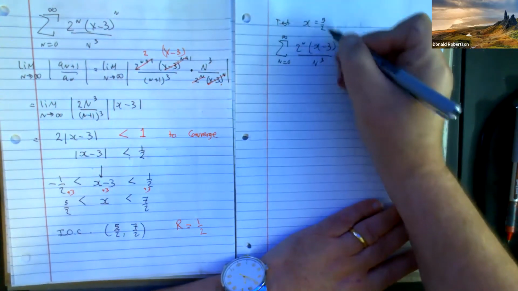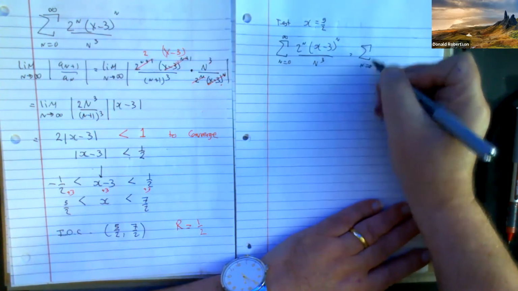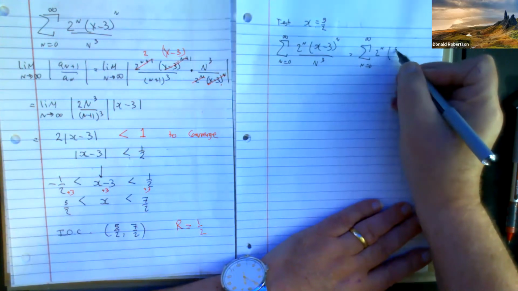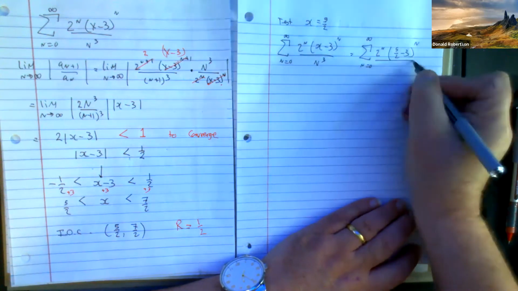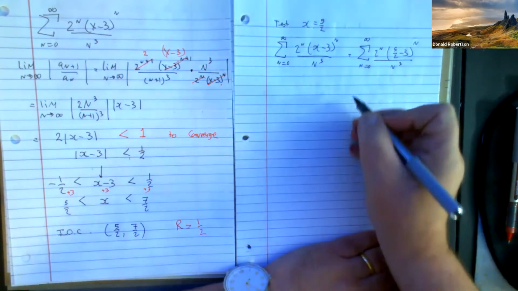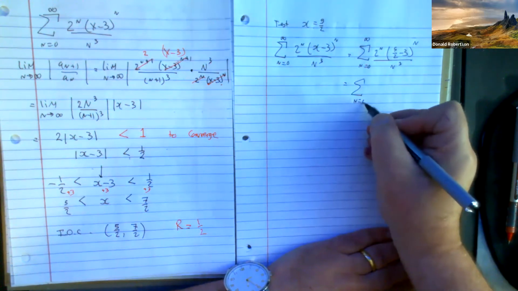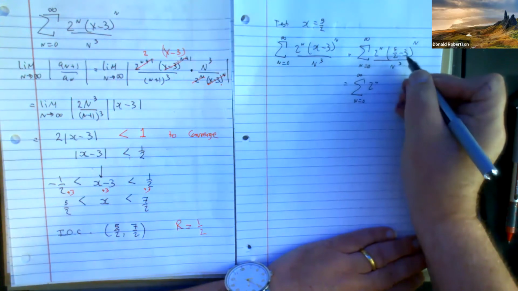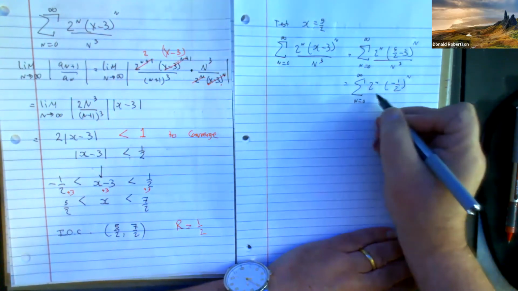And we're going to plug 5 halves in here. So we have 2 to the n, 5 halves take away 3 to the n over n cubed. Five halves take away 3 is negative 1/2, so you're going to have negative 1/2 to the n.